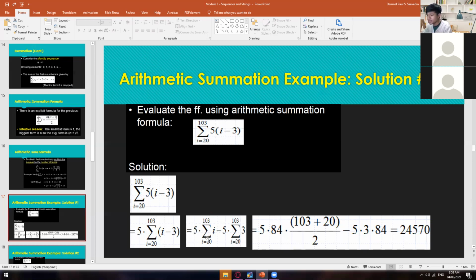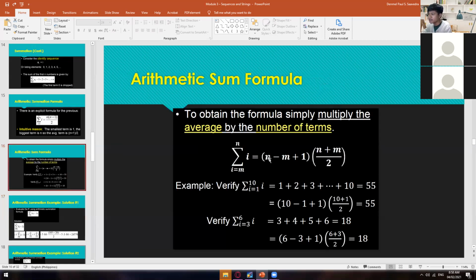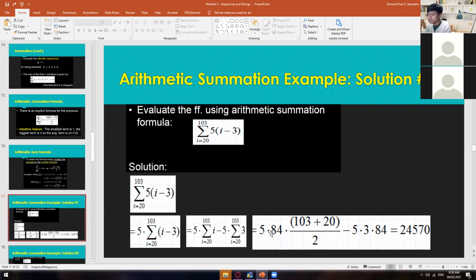And then this summation here is actually n minus m plus 1. So just follow that one. You will get 103 minus 20 plus 1. So 103 minus 20 is 83, plus 1, 84. So we have a total of 84 terms times this letter I. What is this letter I?